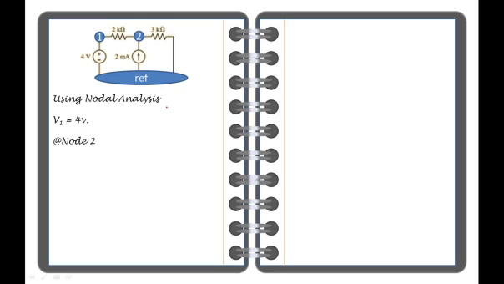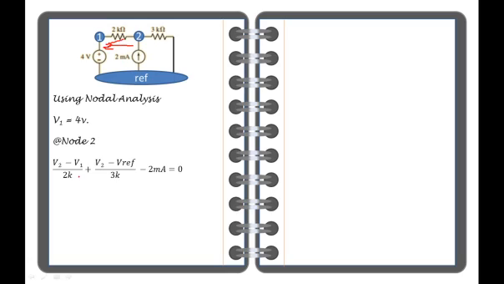Now we're going to compute the voltage at node 2. So remember, tail minus head, so the current is flowing out.